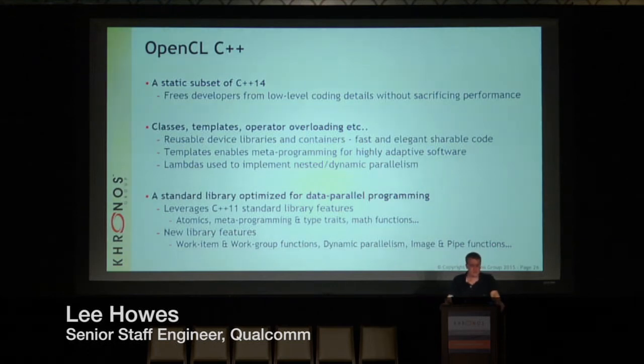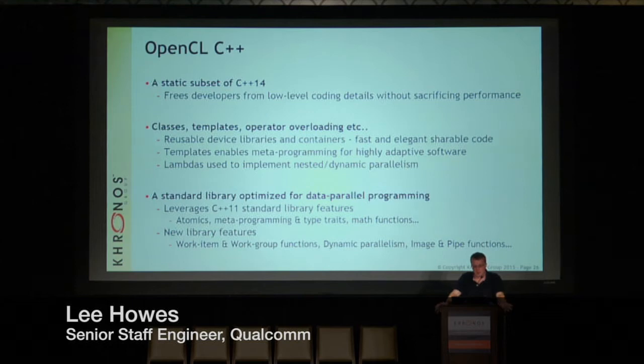Lambda functions to more cleanly implement the nested parallelism features of the language, where in OpenCL 2.0, we had the clang block syntax. Using more of the standard features that people are used to for data parallel programming.